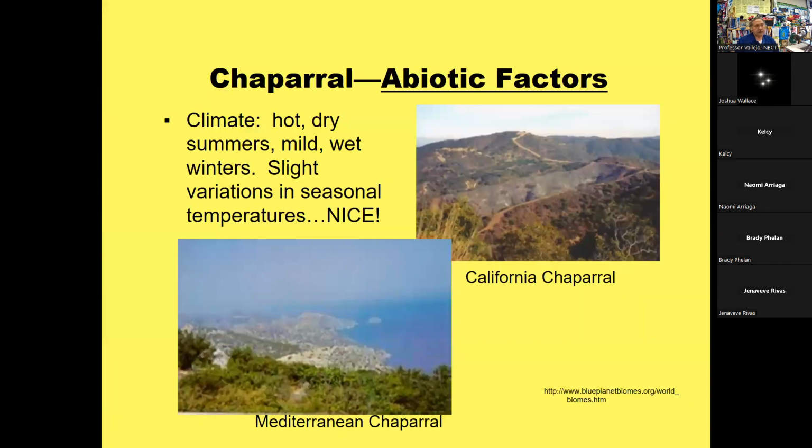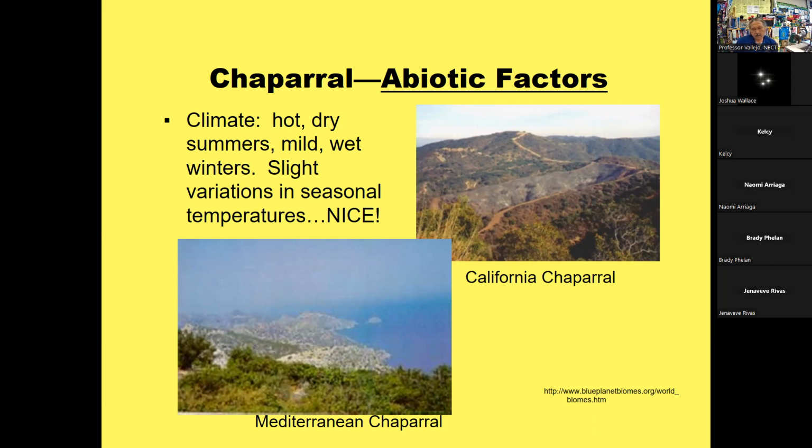Let's take a look at their characteristics. Chaparrals have abiotic factors that are important here, and you can see how similar these are. Here's the Mediterranean chaparral, the typical California backdrop. If you go to college around here, you may even be able to take a class.